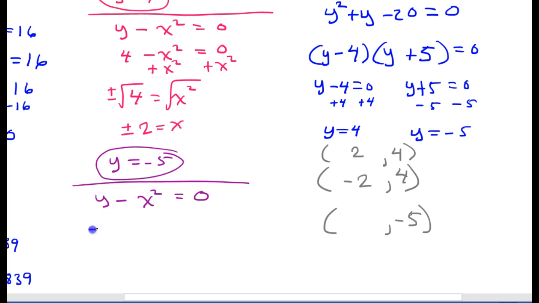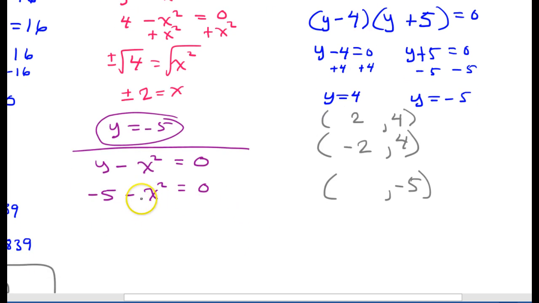So that's going to give me negative 5 minus x squared is equal to 0. Adding x squared to both sides, that gives me negative 5 is equal to x squared. Well, wait a minute. You can't square something and then get a negative number, not in the real number system. So this is not going to give us any solutions.